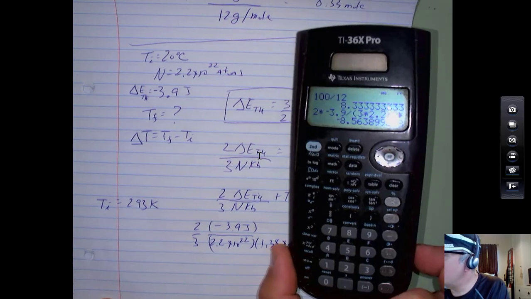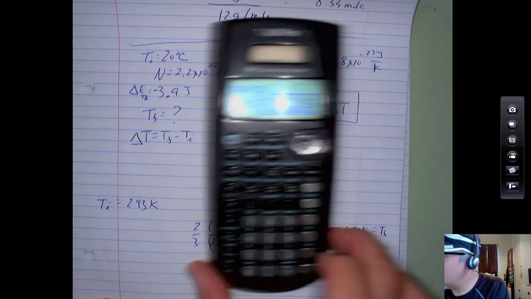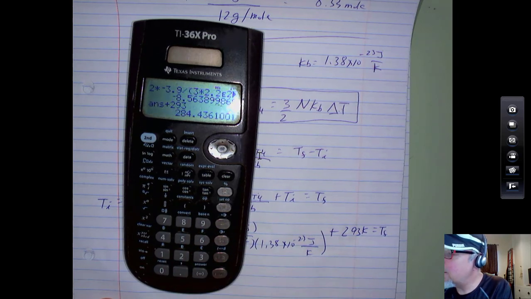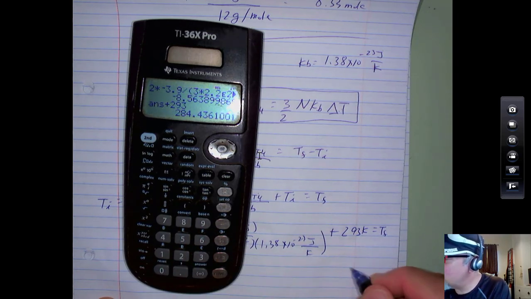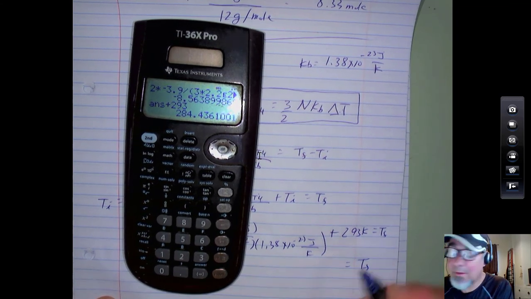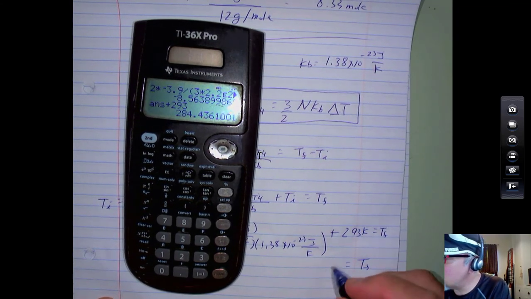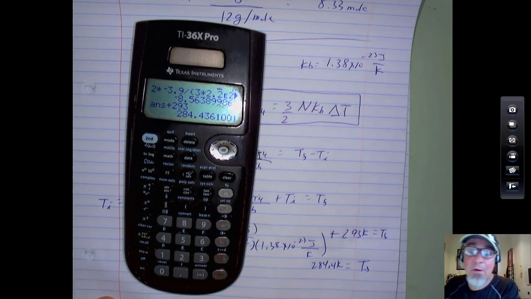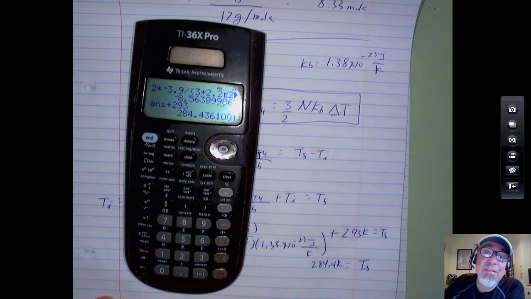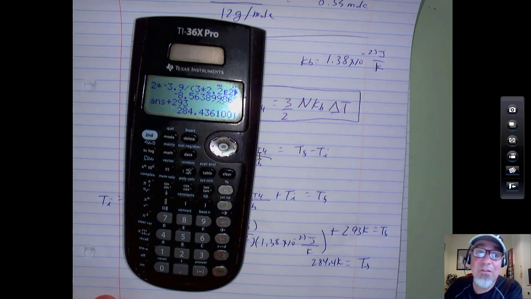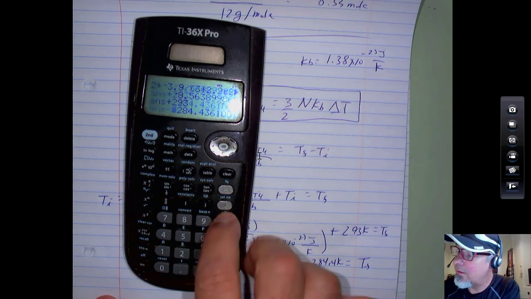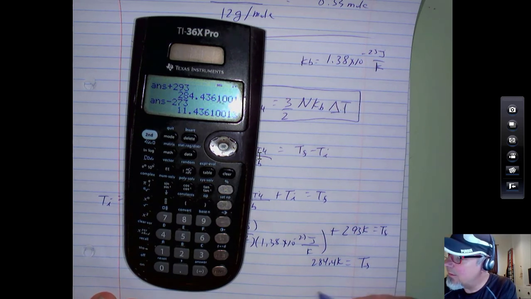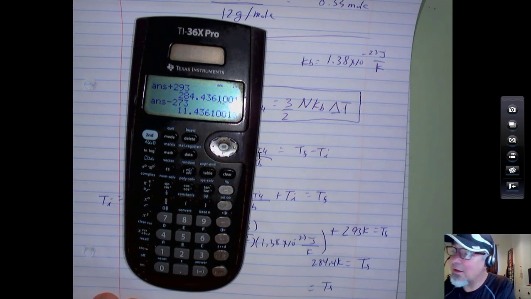Okay, so minus 8.56, and then I still have plus 293. So 284. Final temperature about 284.4 Kelvin. Now, Mastering Physics actually wants it in Celsius, so now you've got to subtract 273 from that. And we get final temperature in Celsius of 11.4.